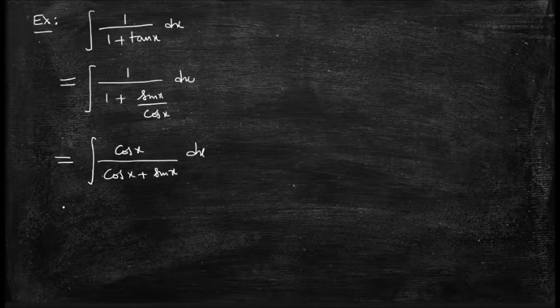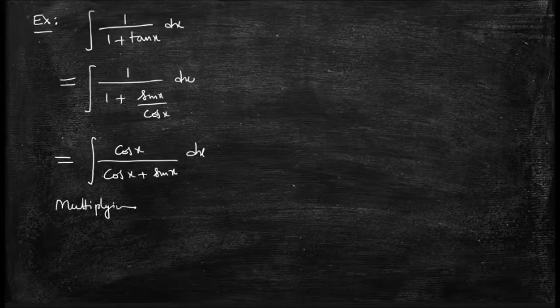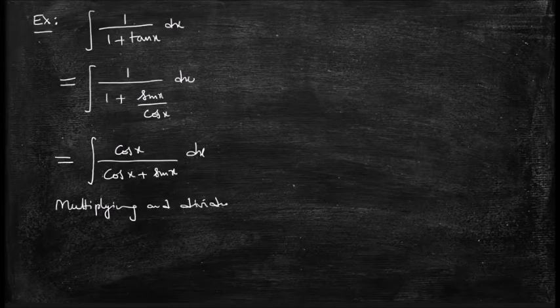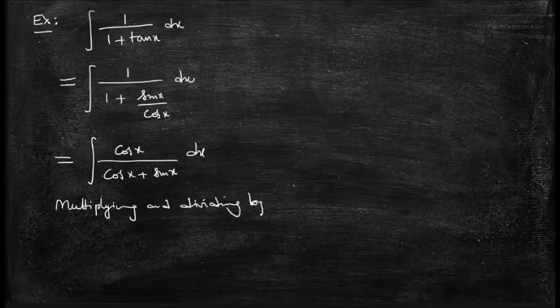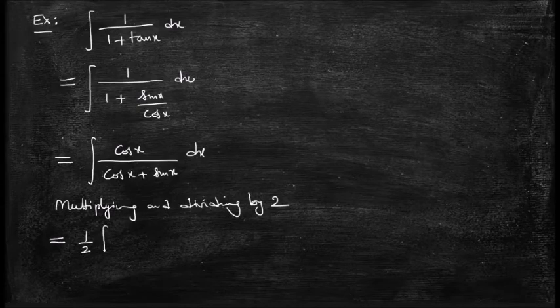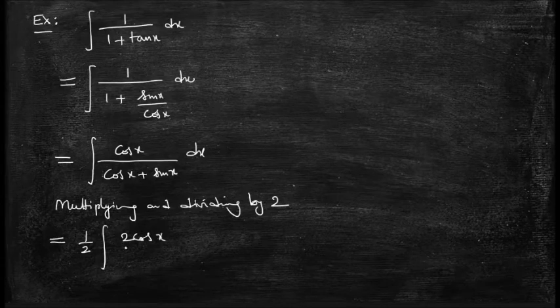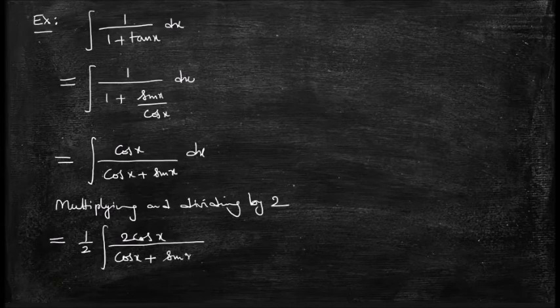Now what I am doing is multiplying and dividing by 2. So what happens? 1 by 2 will be outside. Integration of 2 cos x by (cos x plus sin x) dx.